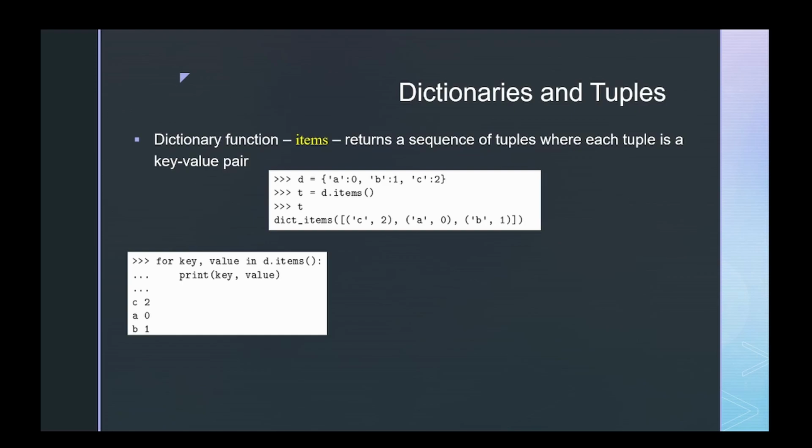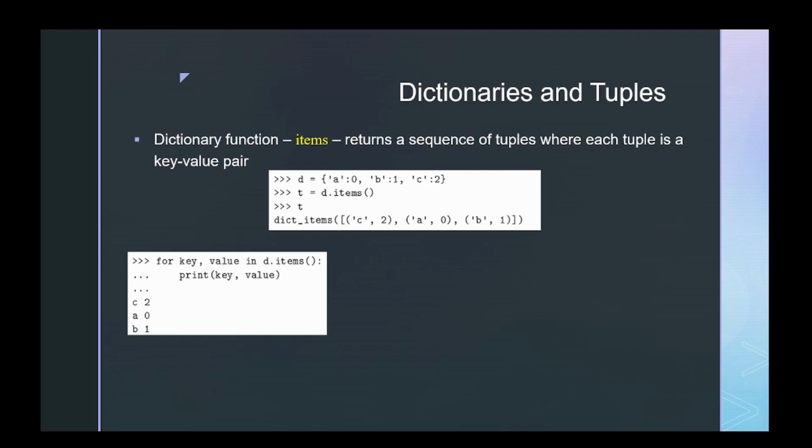Now, dictionary functions have something called items, and that is going to return the sequence of tuples where each tuple is going to be a key value pair. So in essence, you're kind of converting between the two. So here, if I have a dictionary d that is my a0, b1, c2, I can then say t equals d.items. It's going to take that dictionary and create a tuple of it, where it's going to be c2, a0, b1.